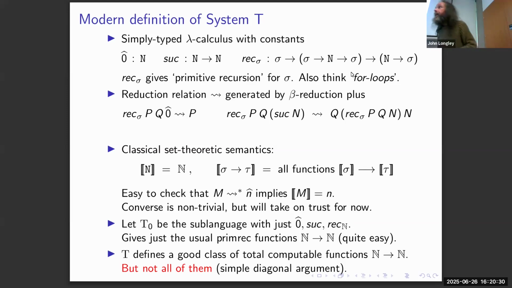But John, are there other natural classes of functions that you can't specify here that don't have that flavor of going through a diagonalization argument? Right. A class of total functions that cannot be expressed in system T? Well, you could say the class of all total computable functions. But the point is, whenever you've got any sort of language with a decidable syntax.